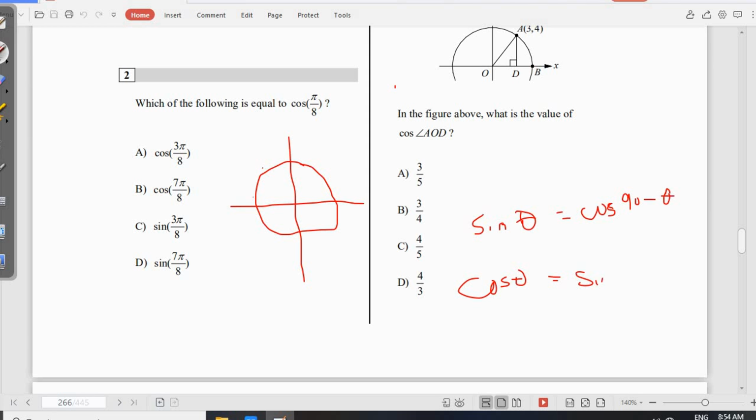You see that's in the first quadrant, and pi/8 is happening in the first quadrant, because pi is 180, and if you divide it by 8, you're dividing it into 8 different places. One of those small places is where theta is. So cos theta is equal to sine of 90 minus theta.